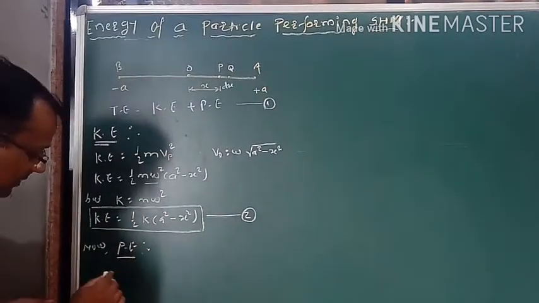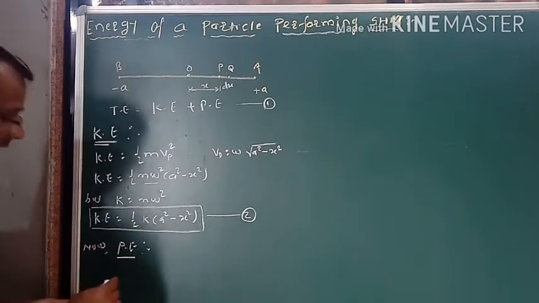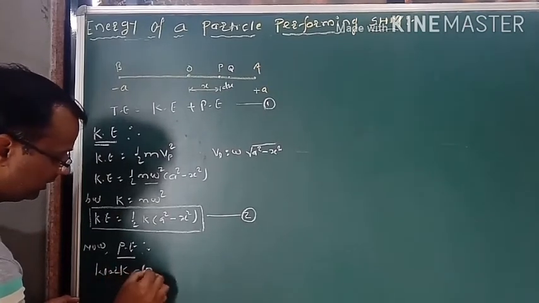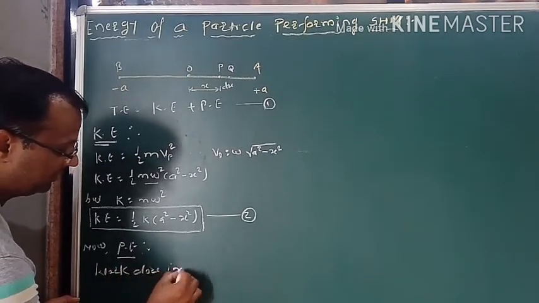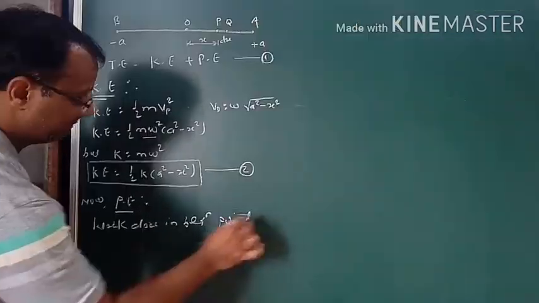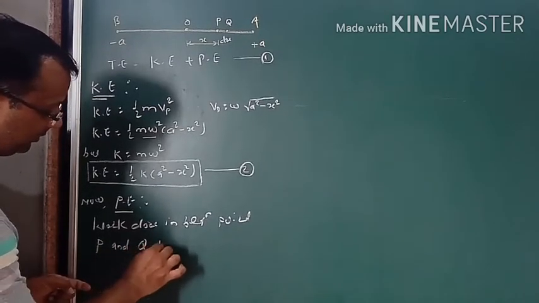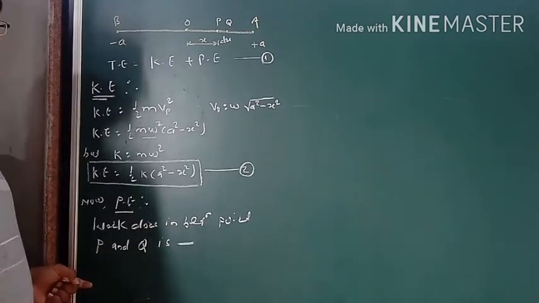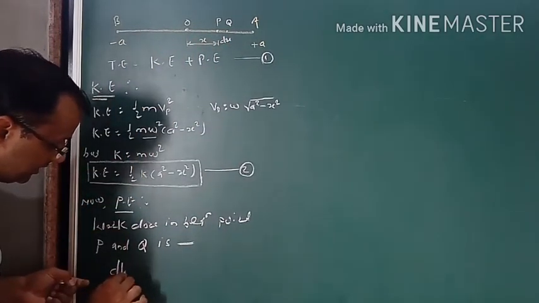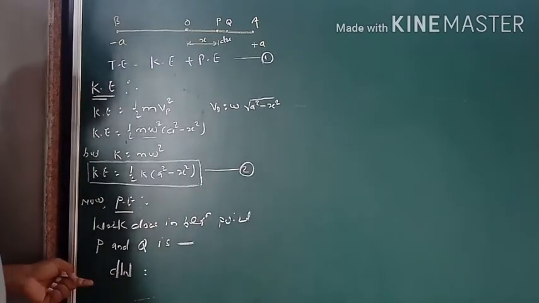So the small work done to displace the particle from point P to point Q is small because the distance is small, and the small work done is represented by the letter dW.